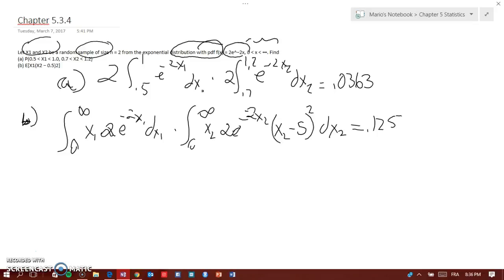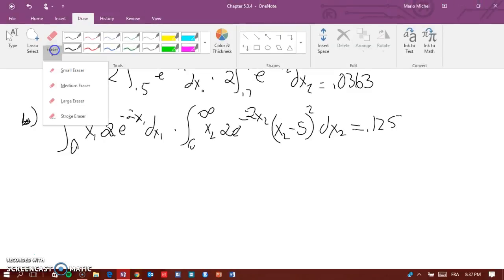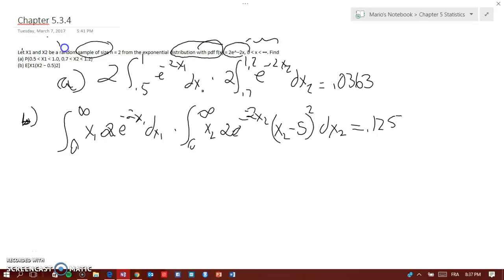All you have to do is, instead of x, you put x1 and x2, and then you can do the calculation for the probability and the expected value of them. So that's what I did here. I hope you guys understood what I did, and I hope now you can do yours and see how easy it could be.